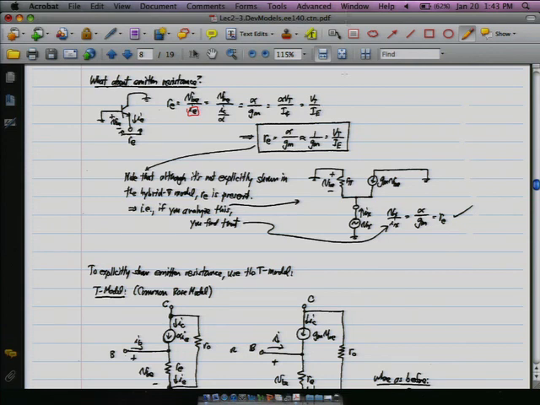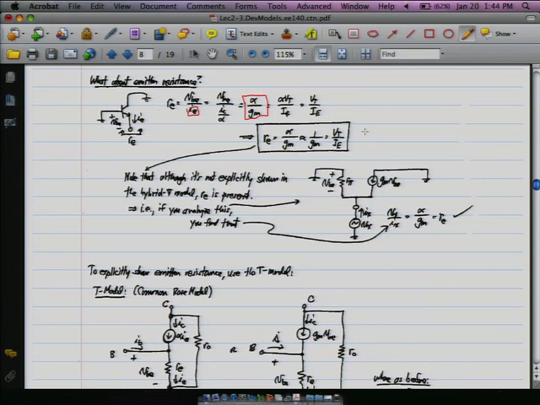But what starts to get more interesting, and hopefully will resonate with the intuition you developed in 105, is that if we express this a little bit differently, we can take this intermediate expression, where it's alpha over gm, and say that if we have any kind of reasonable gain, then alpha is approximately 1.